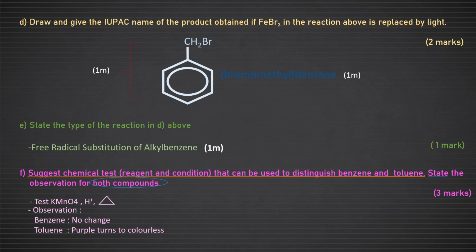The total is 3 marks. The first mark will be given when the chemical test, which is the reagent and condition, is written completely. The second and third marks will be given for the correct observations of benzene and toluene.